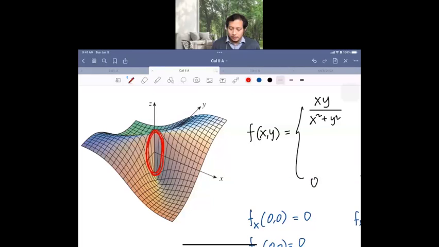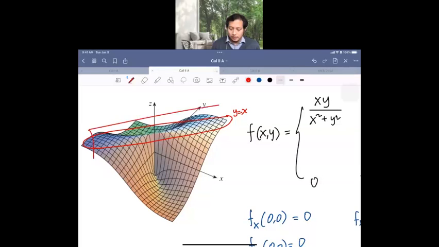If we take the path y equals x, the curve y equals x here, they have 1 over 2 at every y equals x, and thus if we take the tangent plane, it will be very difficult to imagine where the tangent plane is at the origin, at 0, 0.